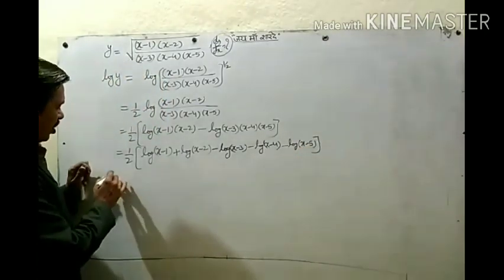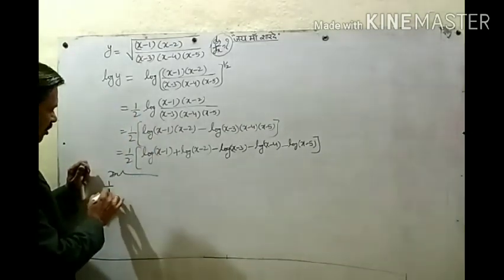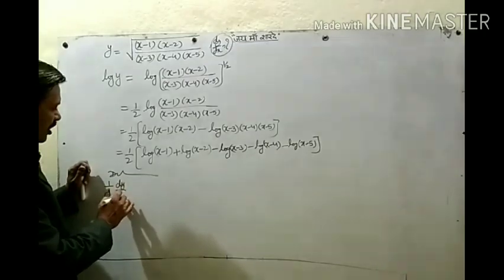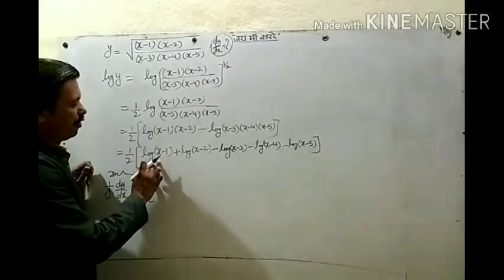Now if we differentiate, then we get the derivative of log y as 1 by y into dy by dx is equal to half times the derivative of log of (x minus 1).